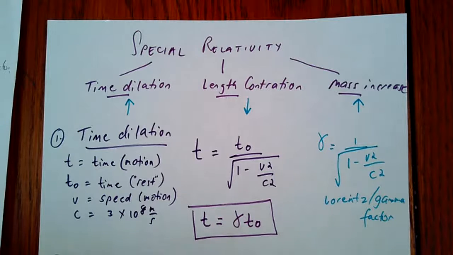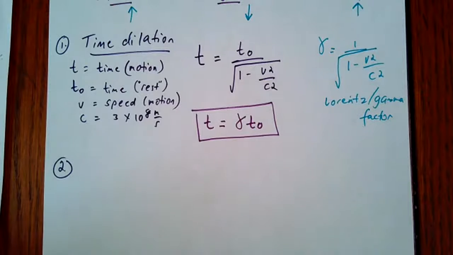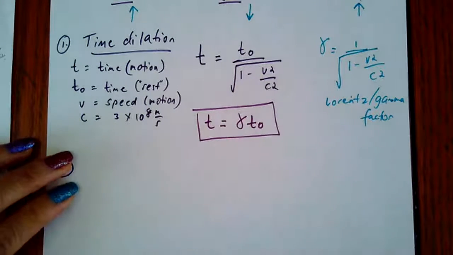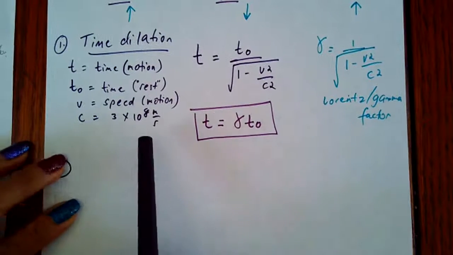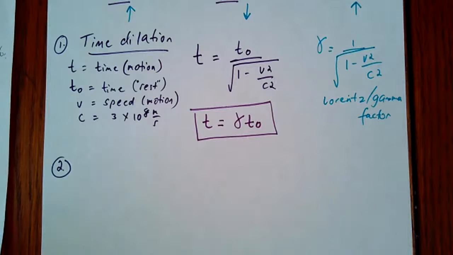The second thing that occurs is length contraction. But just to clarify the time dilation before we get into the length contraction, imagine that you have a twin sister, and your twin sister is going to stay on Earth, and you will be in a spaceship that is traveling very, very fast, moving away from the planet Earth.